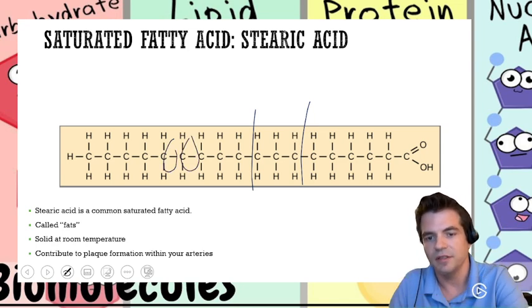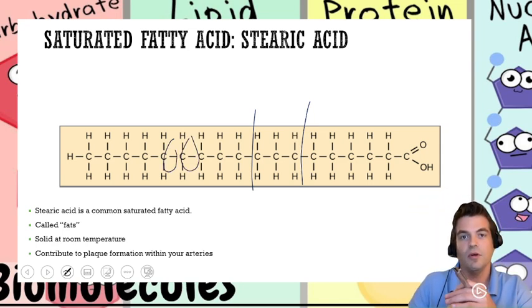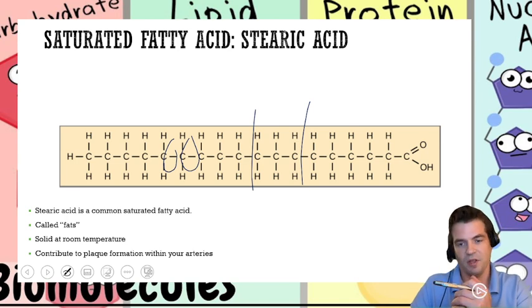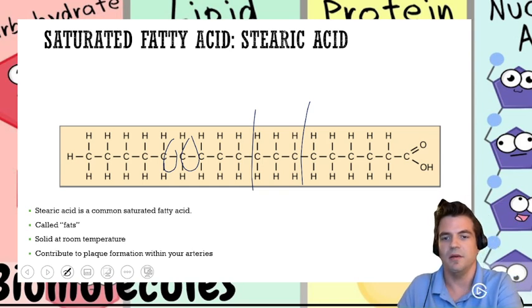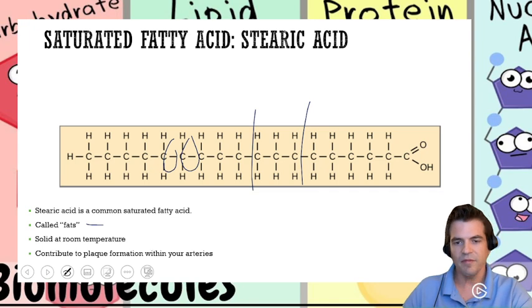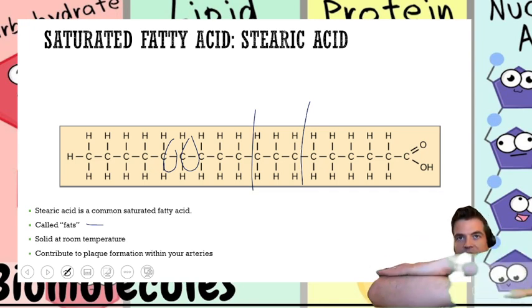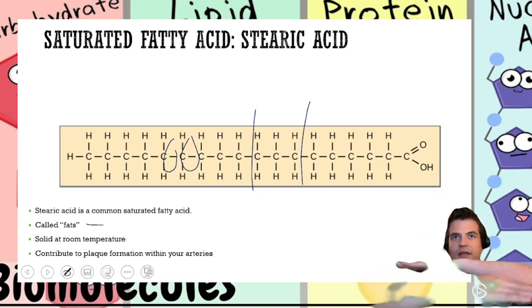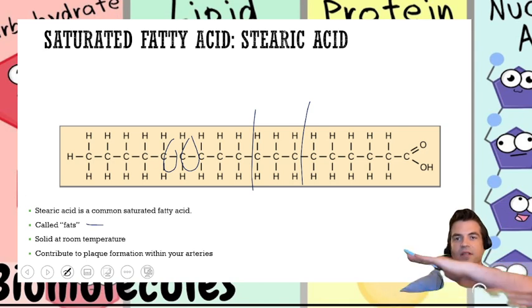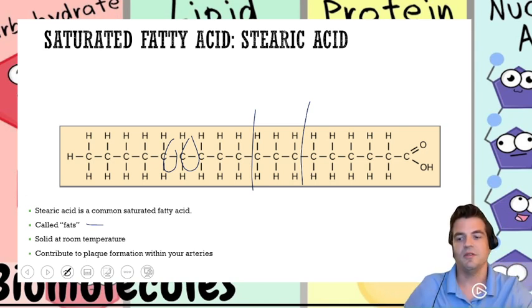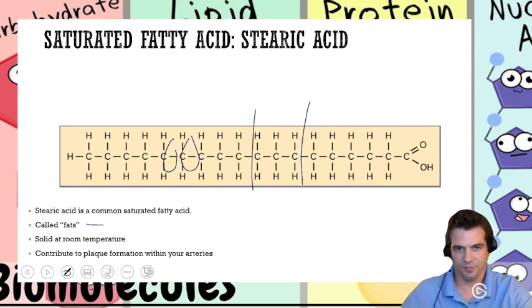It'll all look like a single bond, and those are all covalent bonds, covalent bonding between the carbons. And if you don't have any double bonds, you get what's called a fat. Fats will lay on top of one another in these nice sheets, making a solid at room temperature, and that's why we call it a fat. These are generally found in animals over plants.